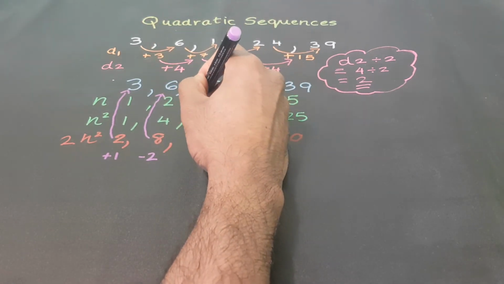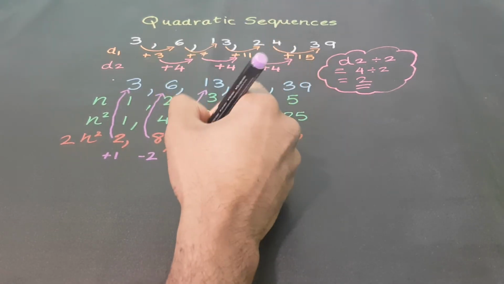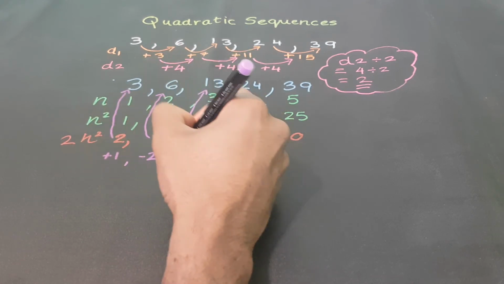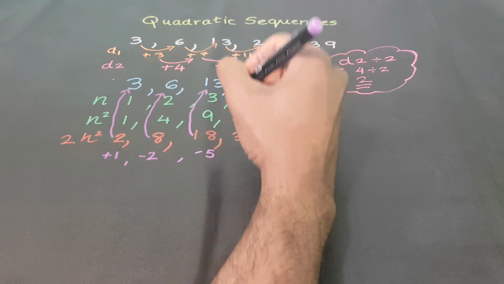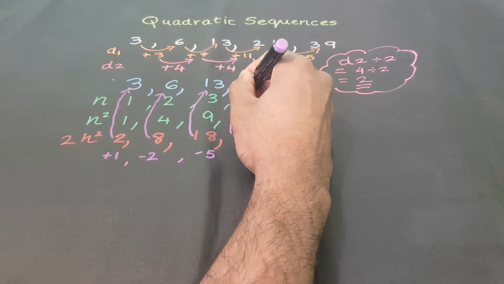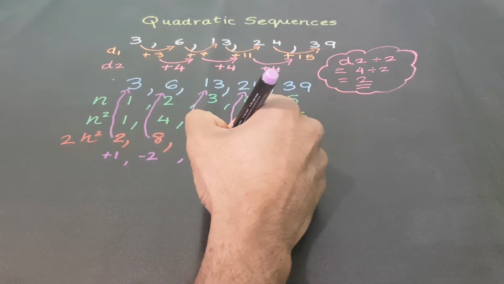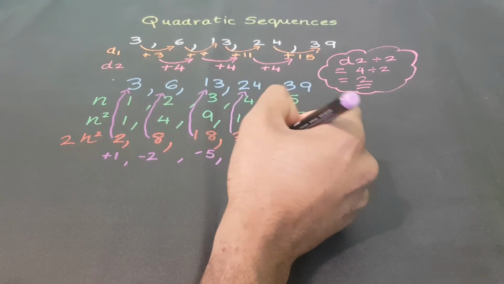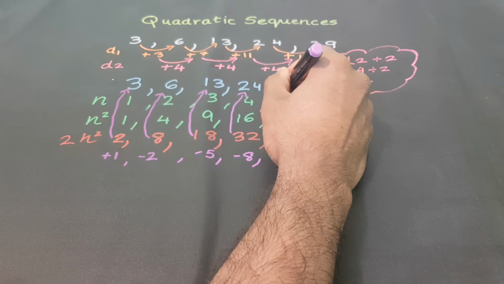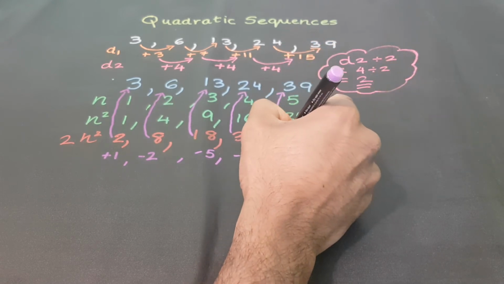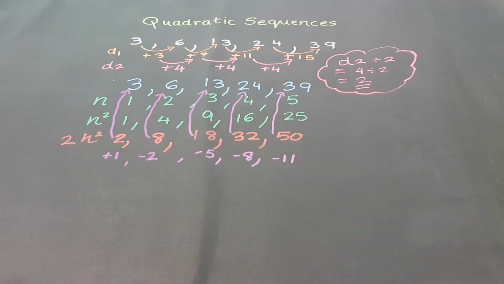And 18 to the 13, this time I need to subtract 5. And 32 to 24, I need to subtract 8. And 50 to 39, I need to subtract 11.